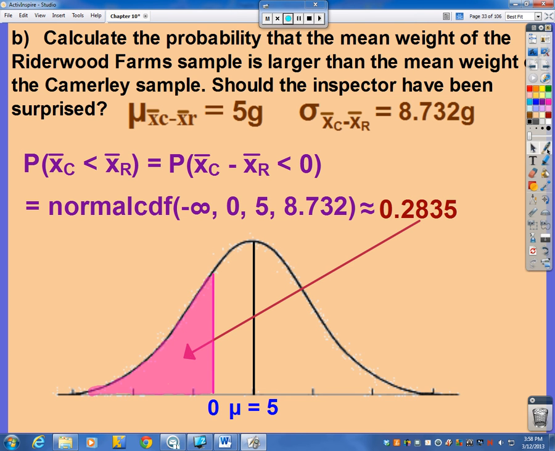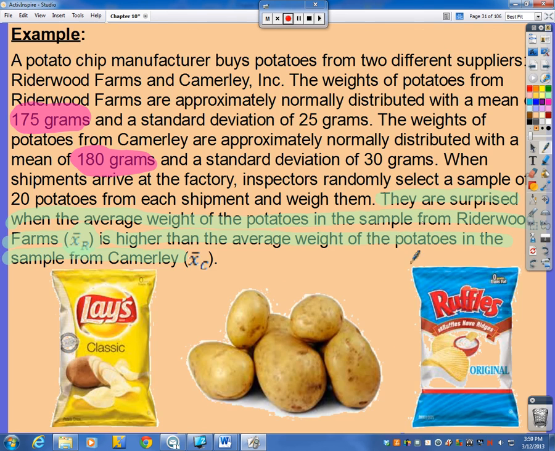Now, some of you might be wondering, Mr. G, you used normal CDF, but in the last chapter, we used T with TCDF. How come we use normal CDF and not TCDF? Well, here's the main thing. Let me jump back to the original problem.